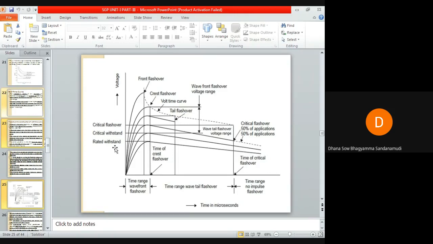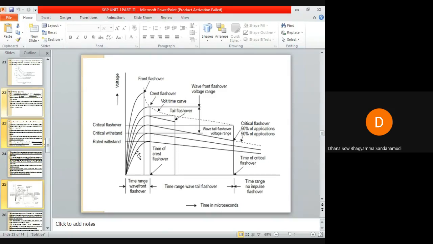At the rated withstand level of the voltage, the insulation breakdown does not occur. So the lowermost impulse wave is the overvoltage; when I give this overvoltage to the equipment, the insulation breakdown will not occur for this lower voltage.